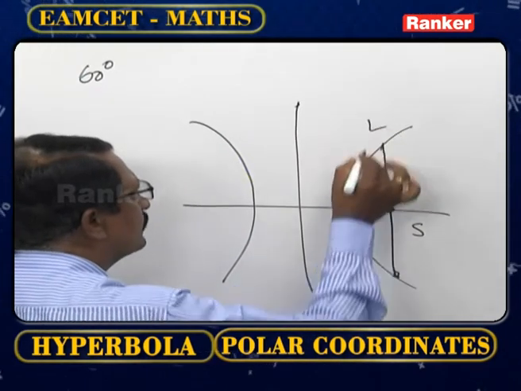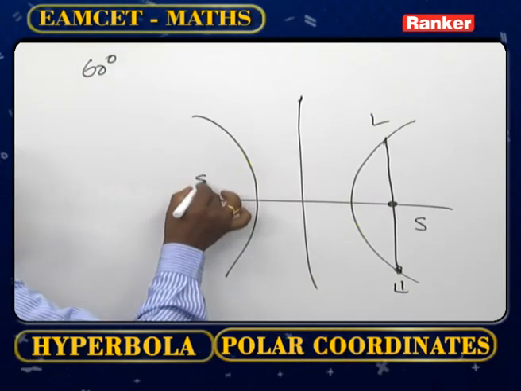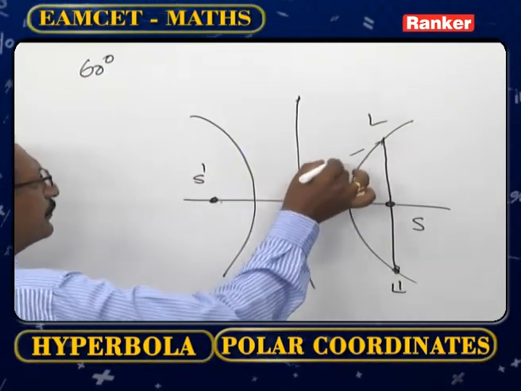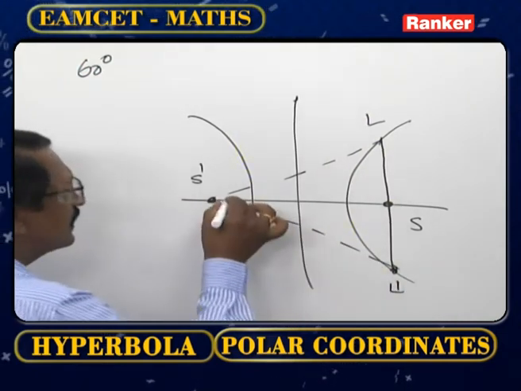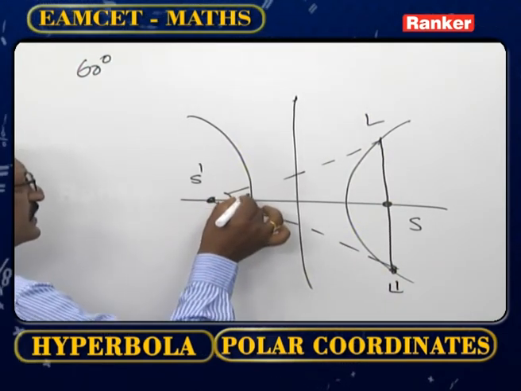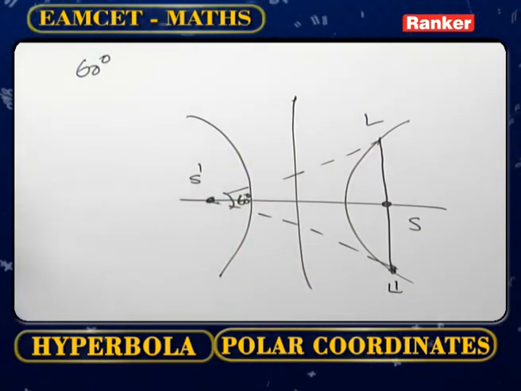Consider one latus rectum L L dash passing through focus S. The latus rectum passing through one focus subtends an angle 60 degrees at the second focus. Now, required eccentricity of the hyperbola.